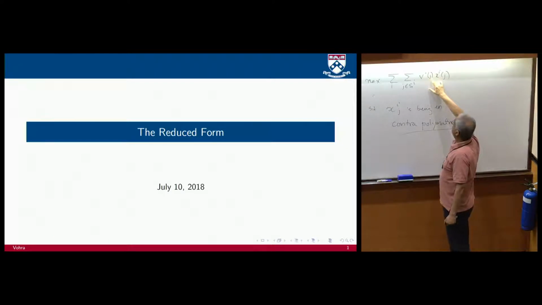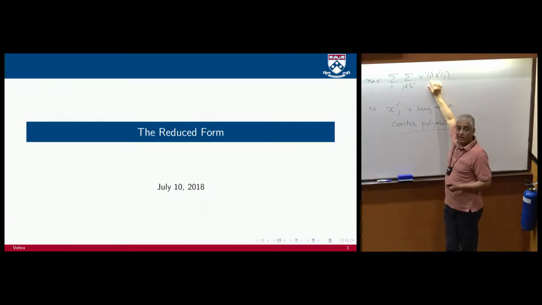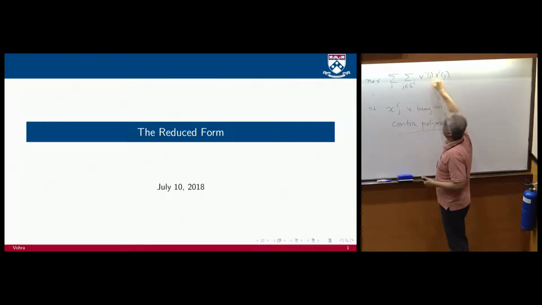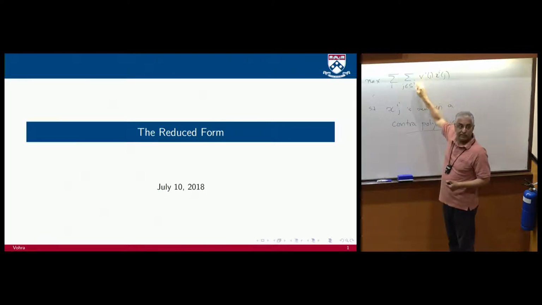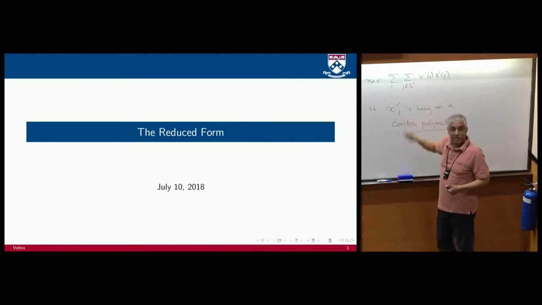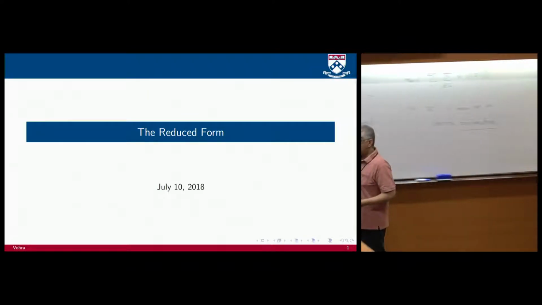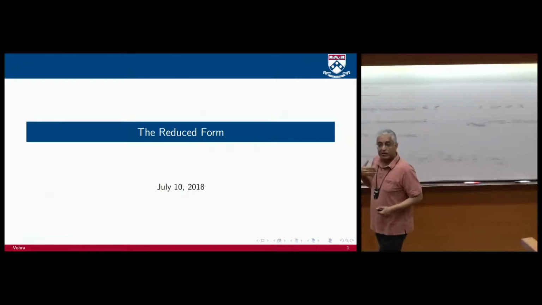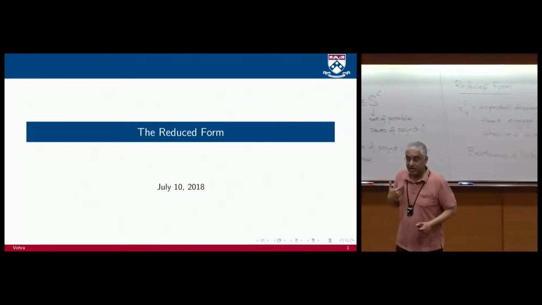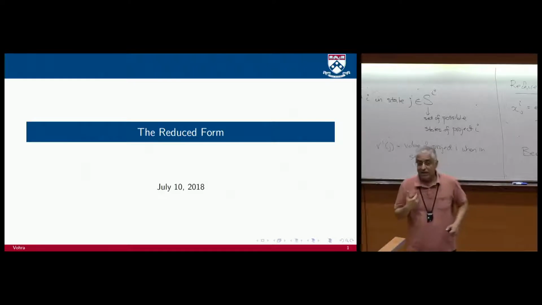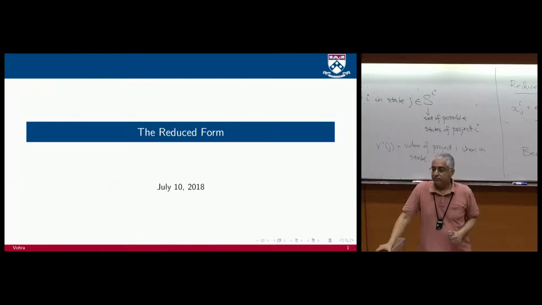V_ij is the reward that agent i enjoys if they happen to be in state j. And now the catch is, this will be private information of the agent. Okay? And I'm the planner. I'm going to ask agents to report to me what they say is their value, in other words, essentially what their state is. And then on the basis of their reports, I'm going to decide which project to engage and what transfers to levy.